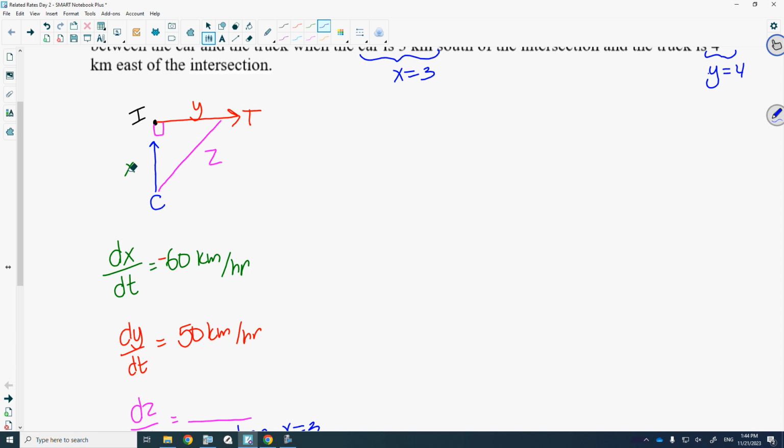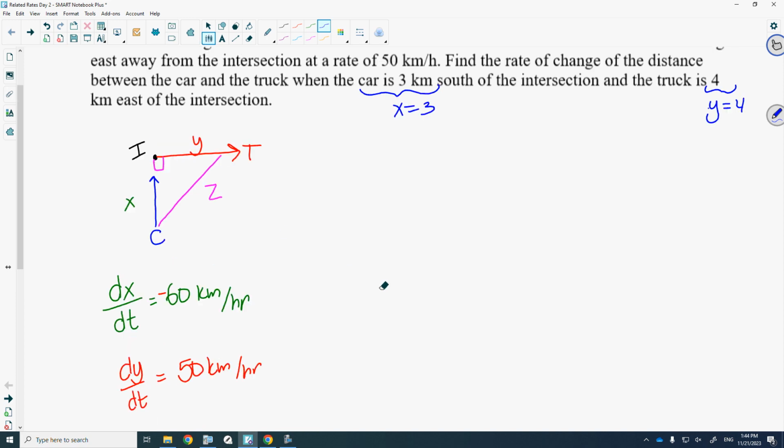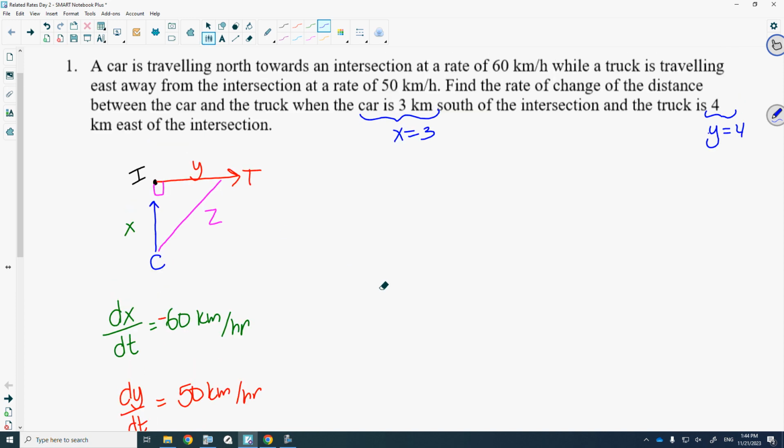So what's a formula that's going to relate x, y, and z all together? Yeah, x squared plus y squared is z squared. So this is going to be a Pythagorean's theorem question. So x squared plus y squared is equal to z squared. Okay, so that is the formula that's going to relate all of my variables.